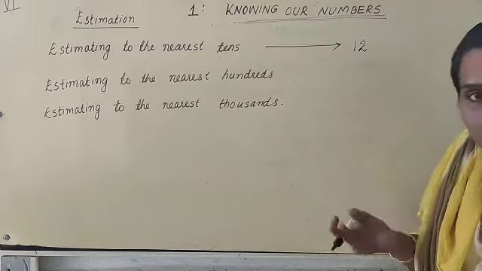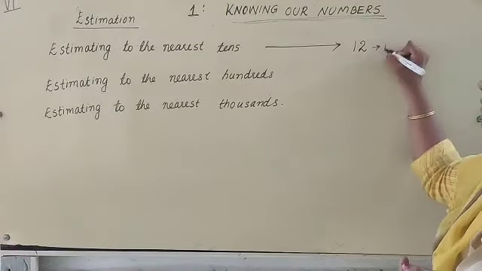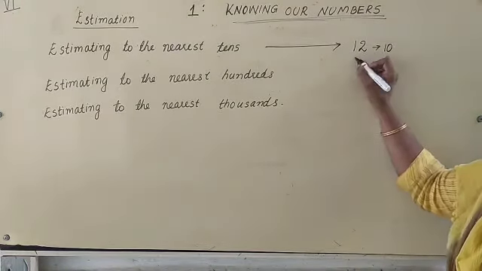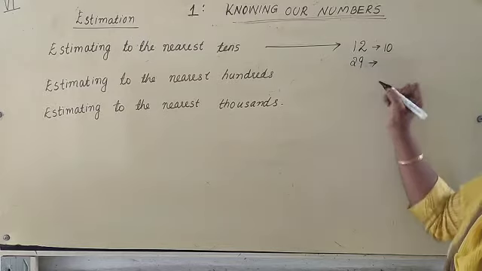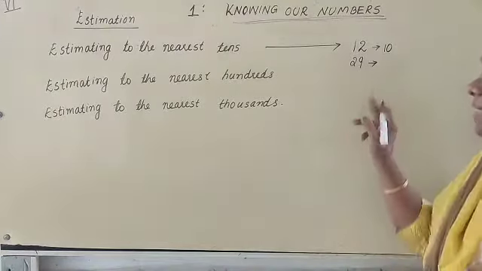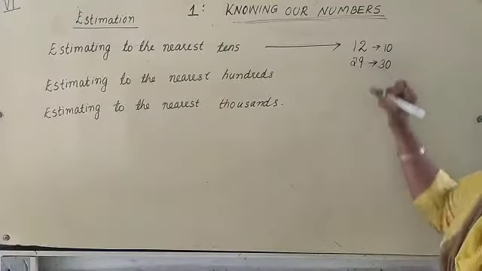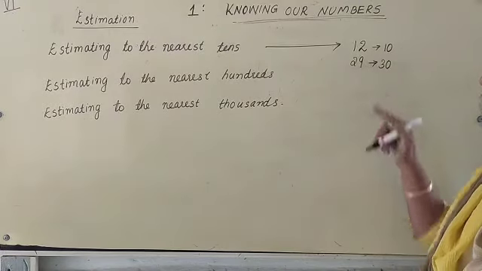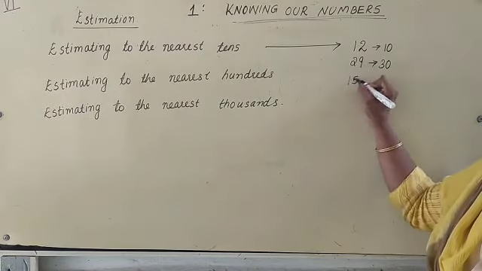It is 10, after that only 2. So this 12 is rounded off or estimated to 10. If we have 29, that is between 20 and 30, but we know it's closer to 30, so we round it as 30.